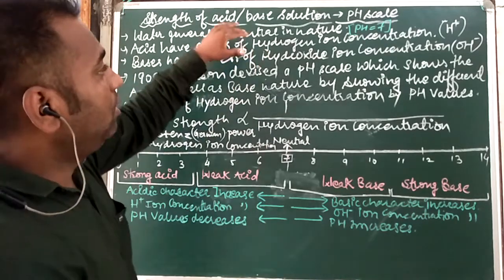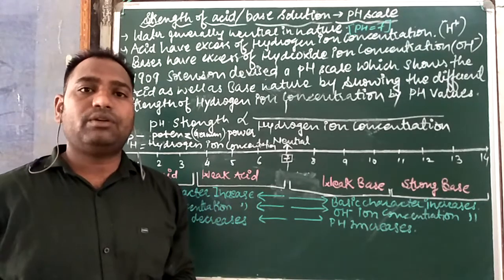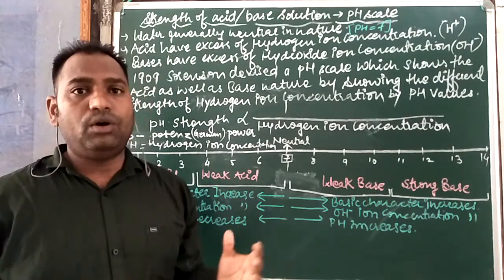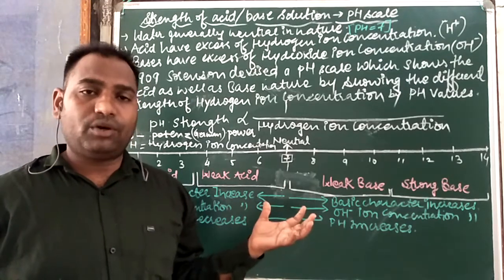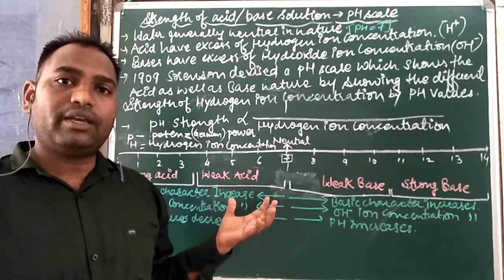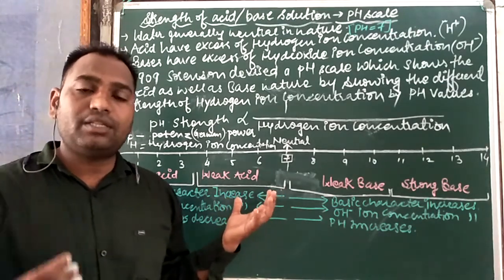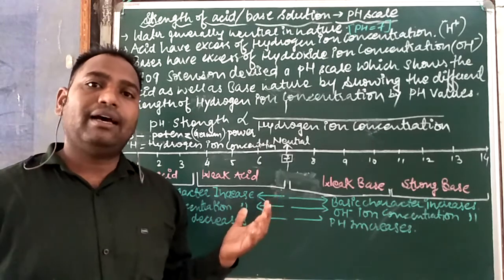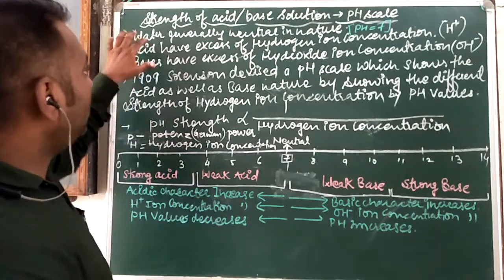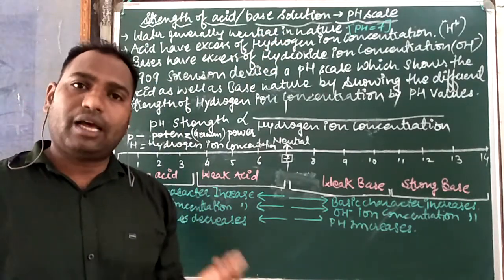So they show good electrolytes, meaning they conduct electricity well in solution. When acids and salts are in a solution, they are generally a good conductor of electricity. Distilled water shows a pH of 7, which we can use in car batteries or the like.